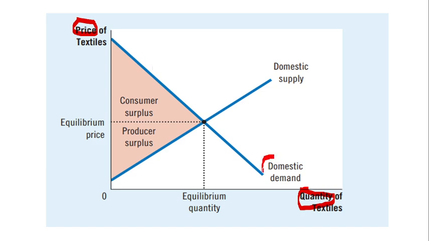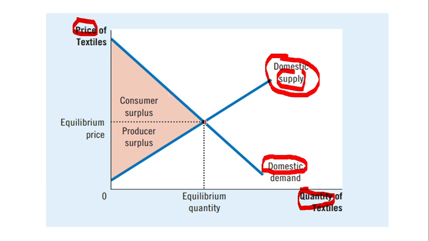It is written here domestic demand, because the demand consists of only the buyers of the country, and it is domestic supply because this supply is made by the producers, the sellers of that country. So this is a supply curve and this is the demand curve.